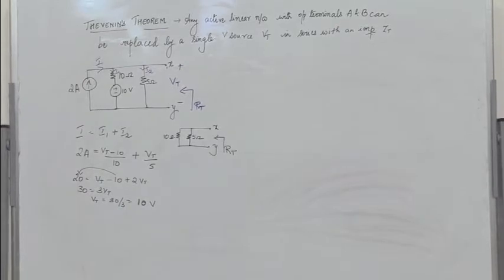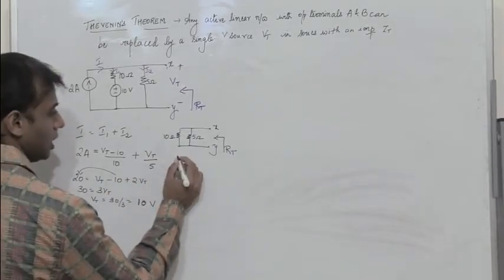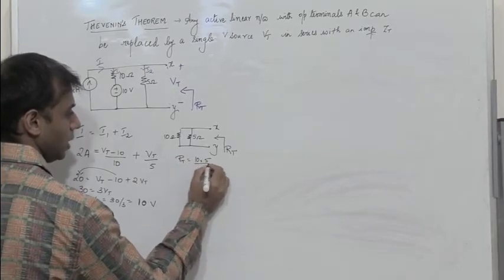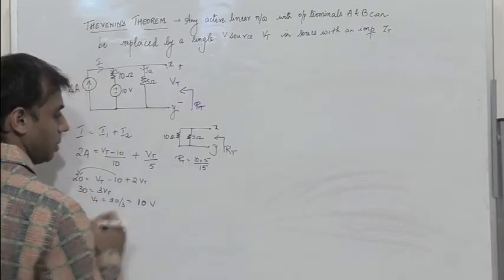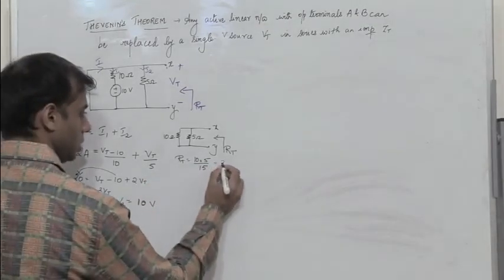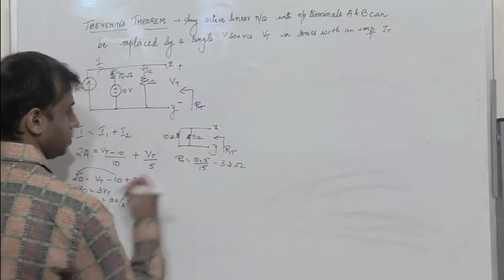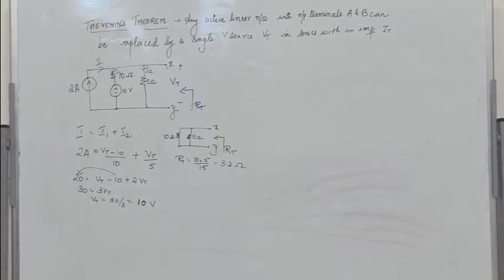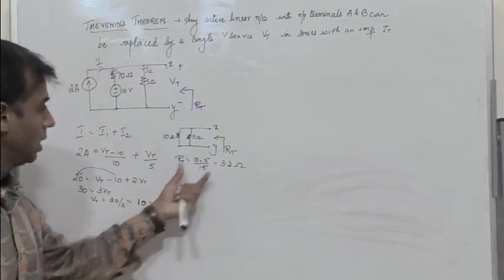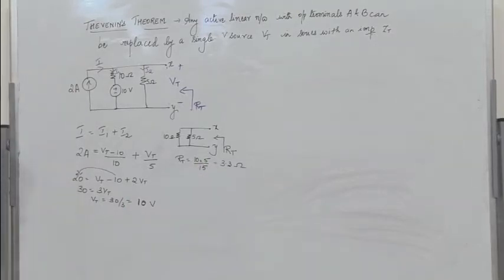RT is 10 and 5 connected in parallel, so RT is 10 into 5 divided by 10 plus 5, which is 15, so we get 3.3 ohms. Now the entire circuit can be replaced by a voltage source of 10 volts in series with the resistance RT.